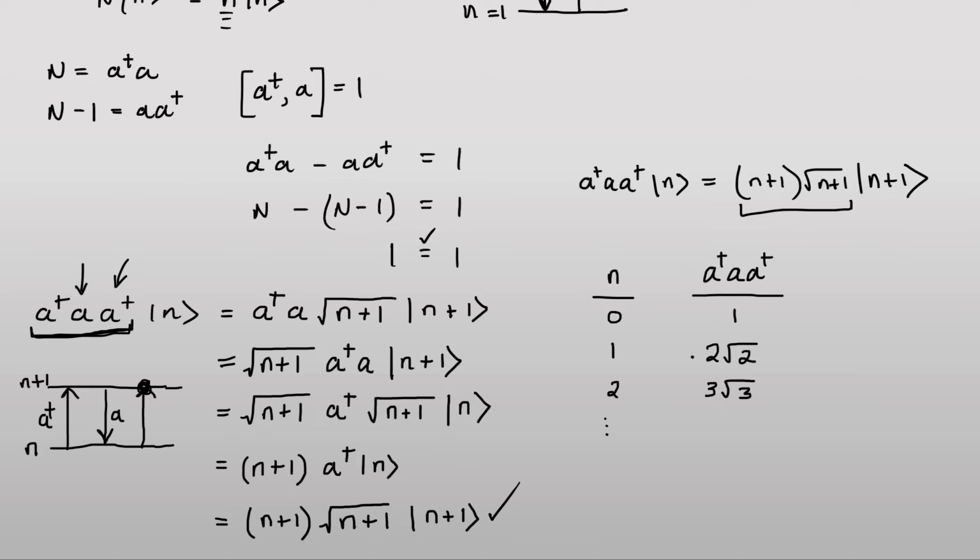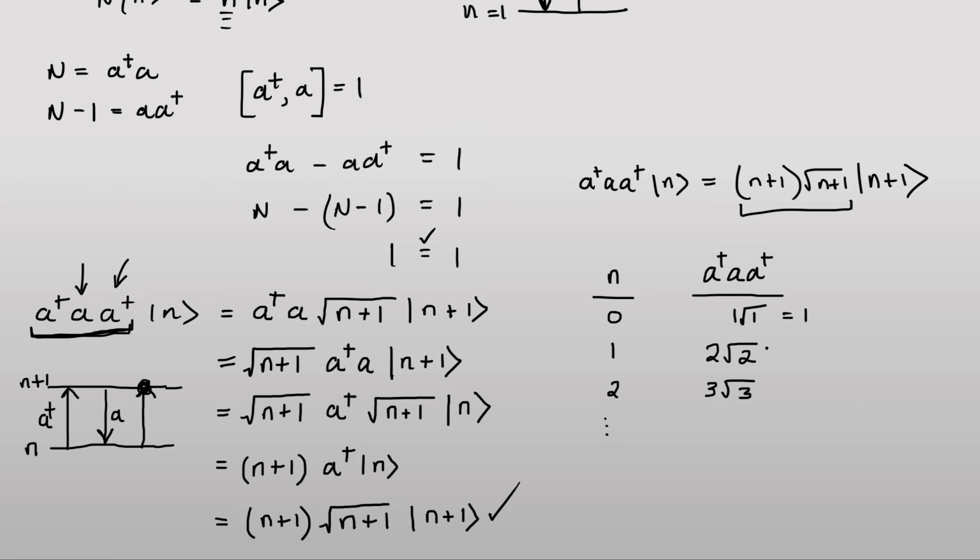Actually, I think I might have written this down a little bit wrong. If n is 0, I was putting 1 in when I was doing that mental math, so that's actually right. Because if n is 0, this is 0, and this is 0. So we have 1 square root of 1, and 1 square root of 1 is the same thing as 1, but for completion, I'll just put that right there.